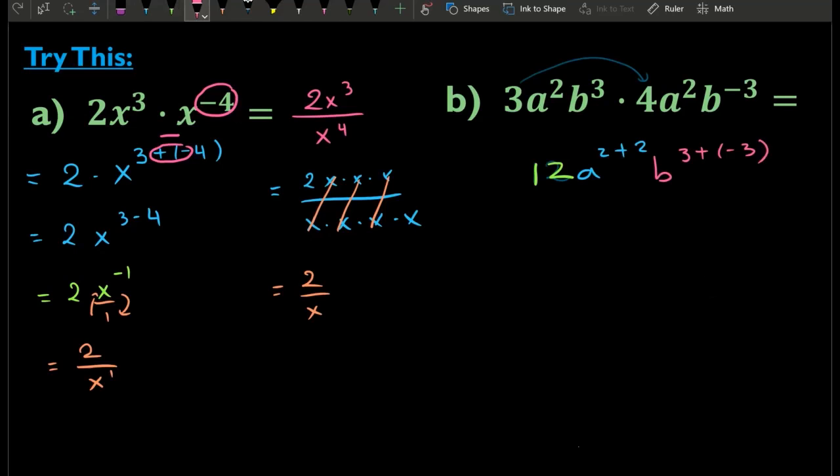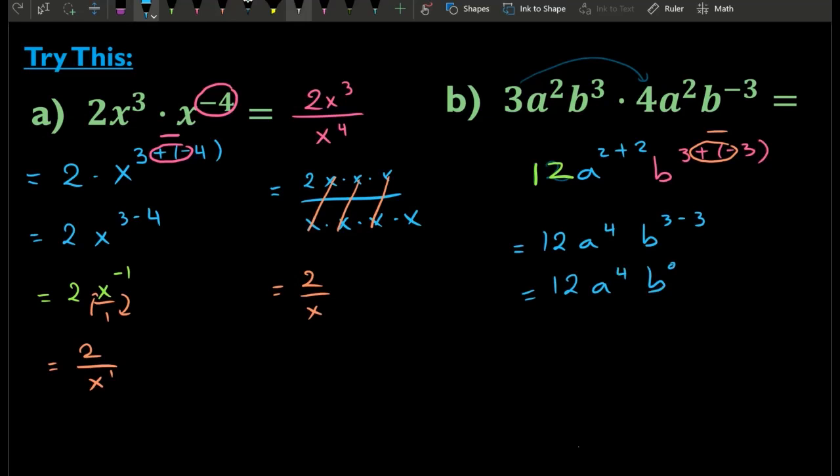The plus comes from the multiplication of the powers. Positive times negative is negative, so that turns into 12, a to the 2 plus 2 is 4, and b to the 3 minus 3 is to the 0. So we have 12 a to the 4, b to the 0.